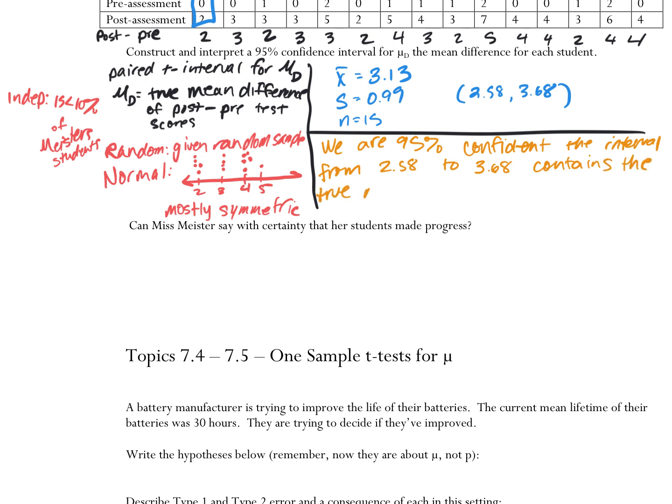So the one thing you would want to be careful here is you would not want to say the true mean test score, because what did we estimate here? The improvement, like how much the scores went up. Are you guys with me here? Okay, so you could say the true mean difference between post and pre test scores.